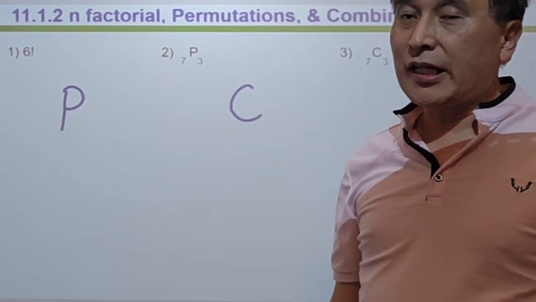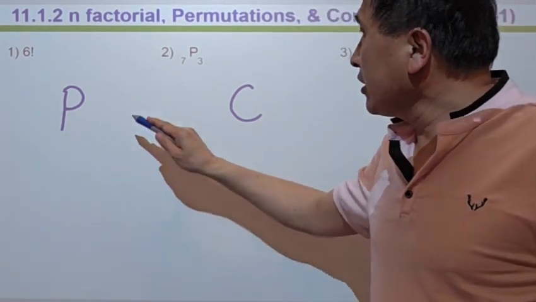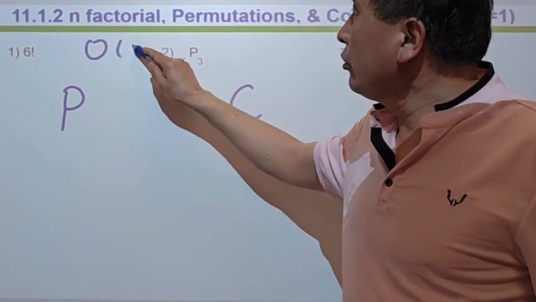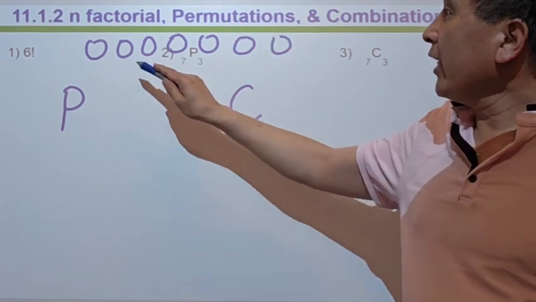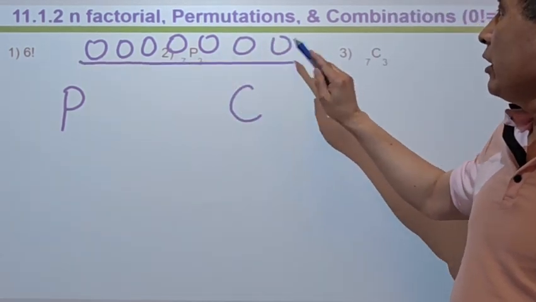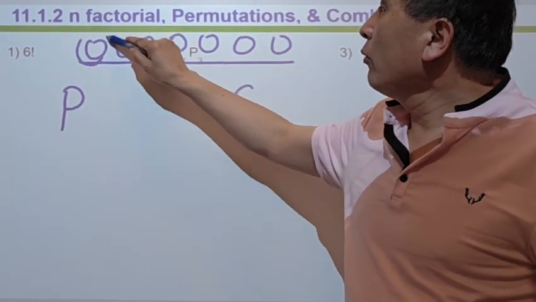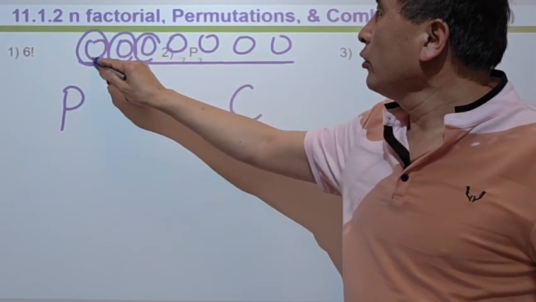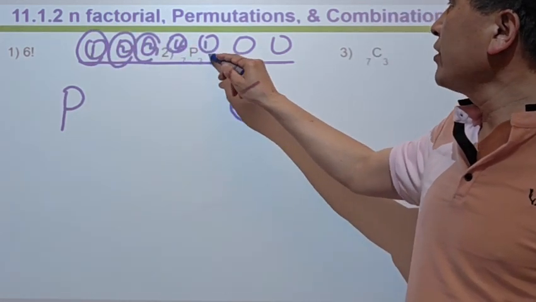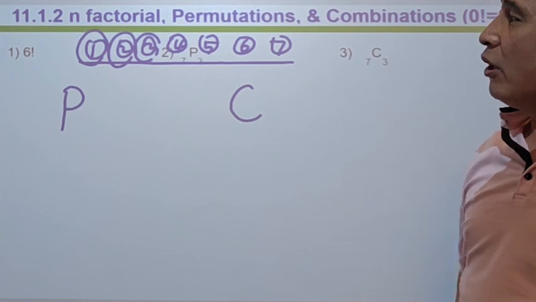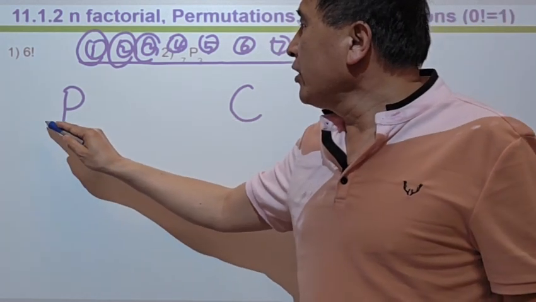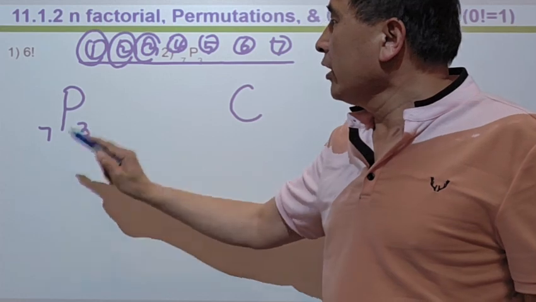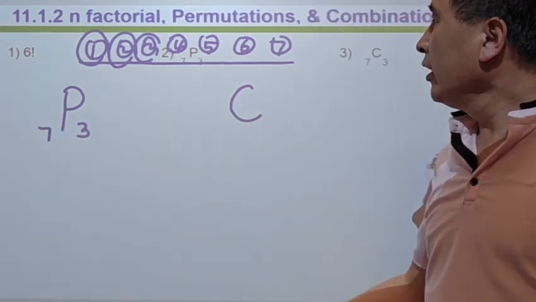This is like selecting from, for example, let's say there are numbers 1, 2, 3, 4, 5, 6, 7. Among those 7, you're going to select 3, like 1, 2, 3. We write it as permutation 7, 3, so select 3 out of 7.